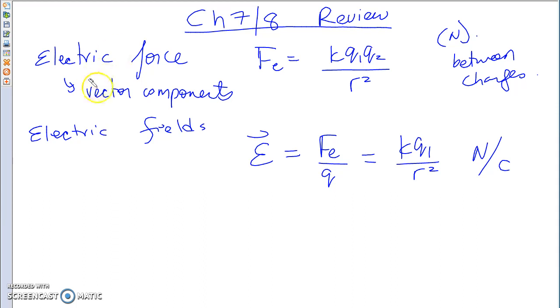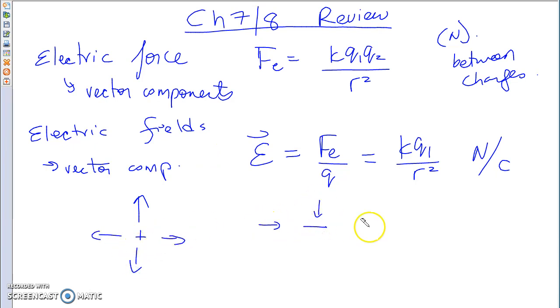Okay, again, we're also going to be using vector components for this. So please make sure you're aware of how we talk about it. And we said electric field comes out of the positive and goes into the negative.